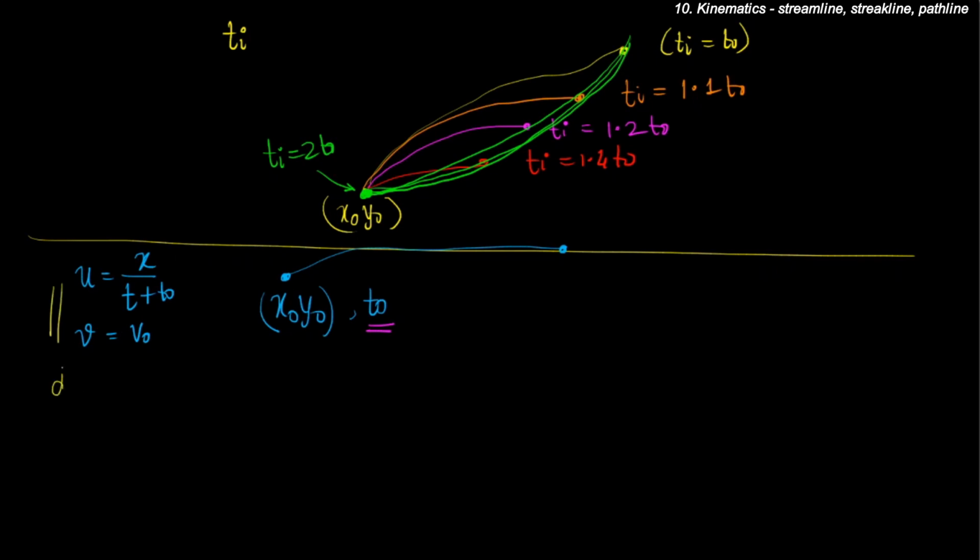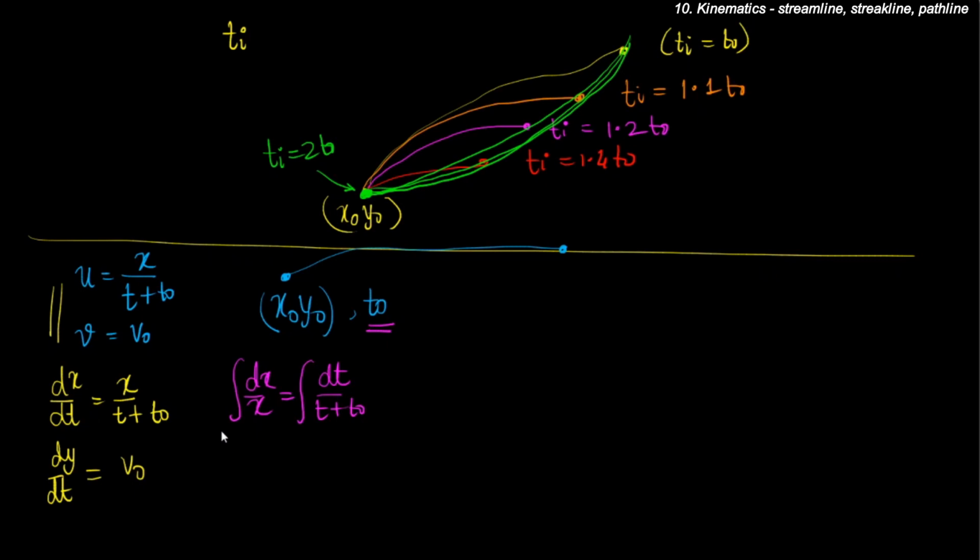So from this we have dx dt is equal to x upon t plus t0, and dy dt is equal to v naught. When we integrate the first equation, it is dx upon x is equal to dt upon t plus t naught. We can now integrate it going from x equal to x naught to some value of x, but now the t will go from t naught to some value of t.